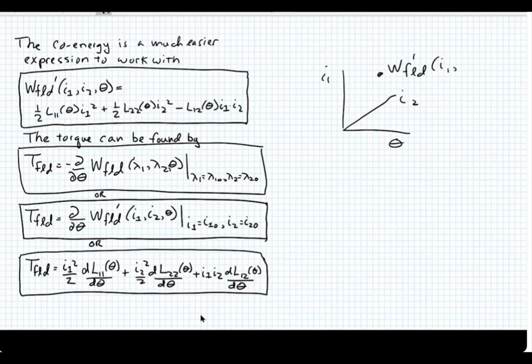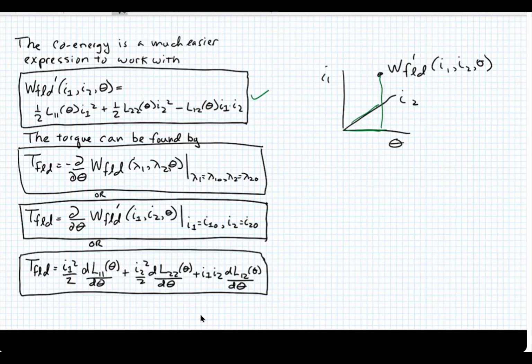It's a function of I1, I2, theta, and we basically derive these expressions by integrating along paths on these axes. And the result is we get this expression for co-energy.